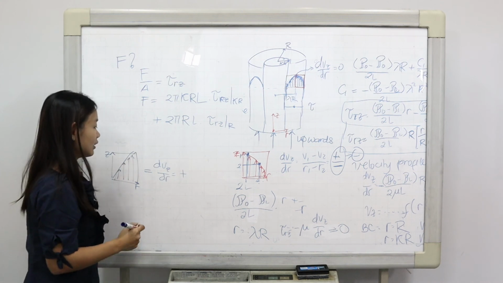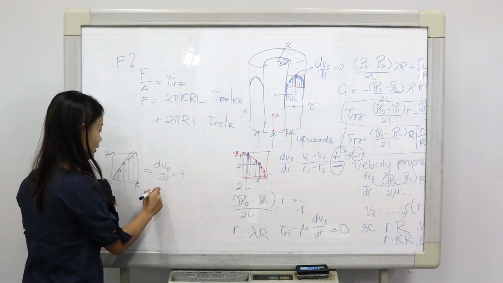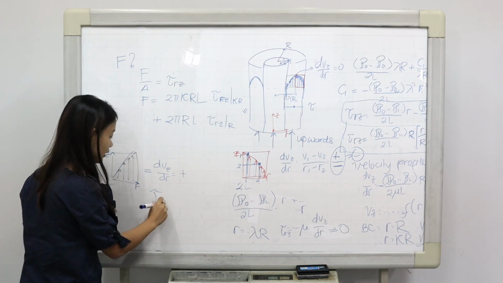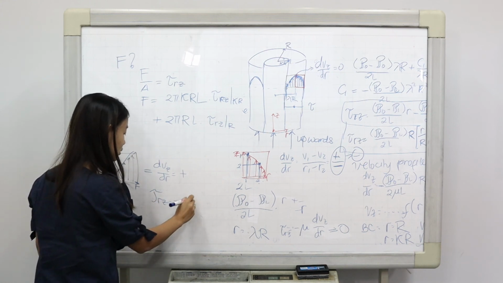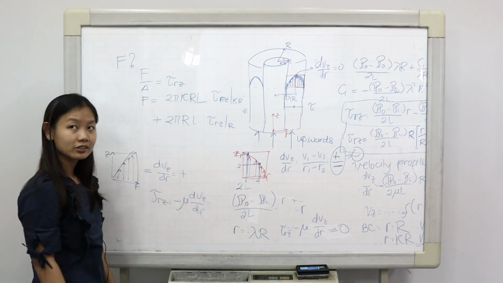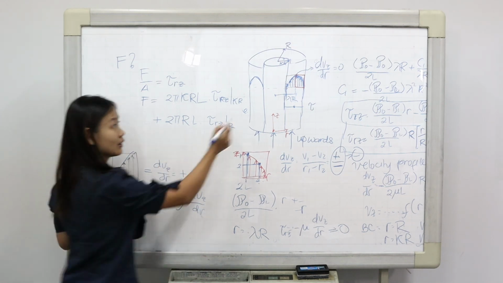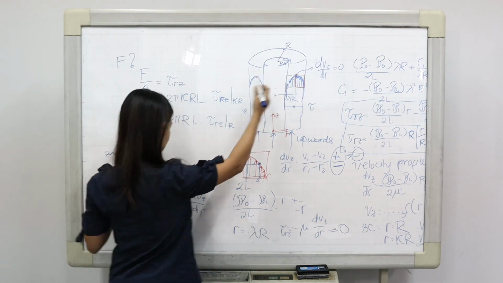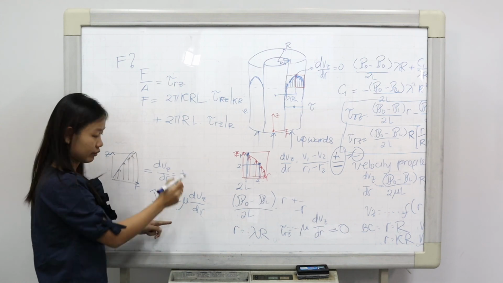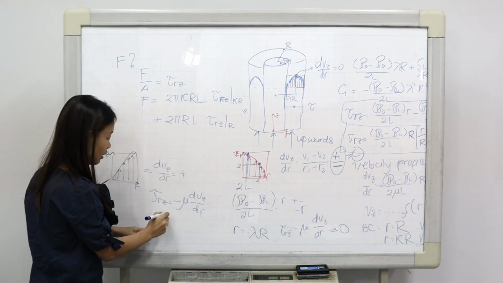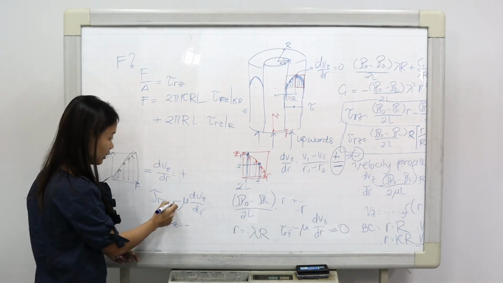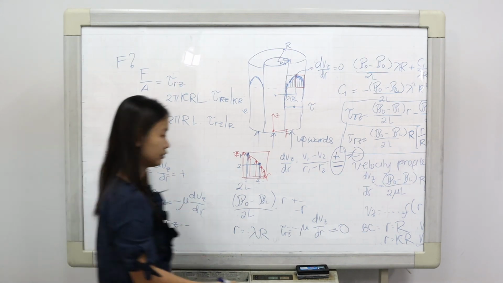Remember, tau rz is minus mu dvz over dr. For this small part over here, dvz over dr is positive, which means the tau rz is negative, because negative times positive is negative.